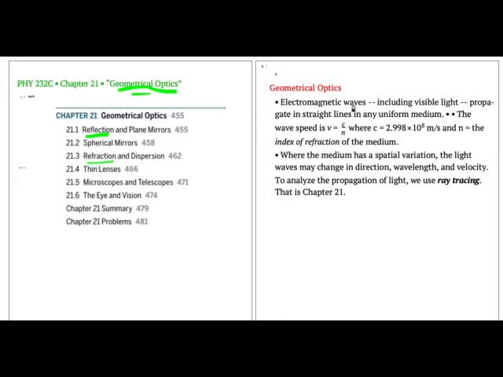Electromagnetic waves, including visible light, propagate in straight lines in any uniform medium. The wave speed is v, which is c divided by n, where c is the speed of light in vacuum and n is the index of refraction of the medium.